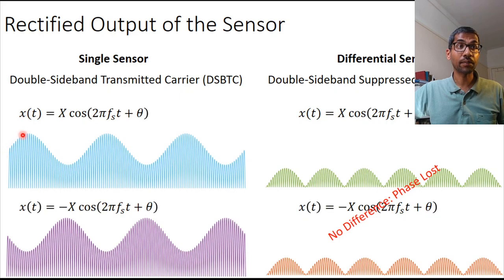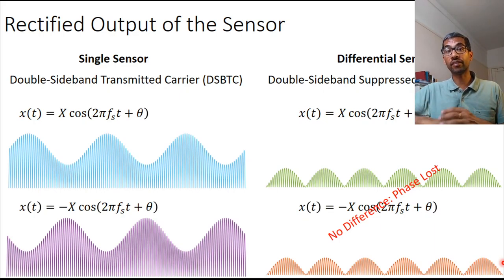Here you have this sine wave when you have X, and you have a different amplitude shape when you have minus X. But in this case, X and minus X have no difference. The signals look exactly the same. So the phase is lost. In the next video, we'll look at how we can recover our phase information even for differential sensors.